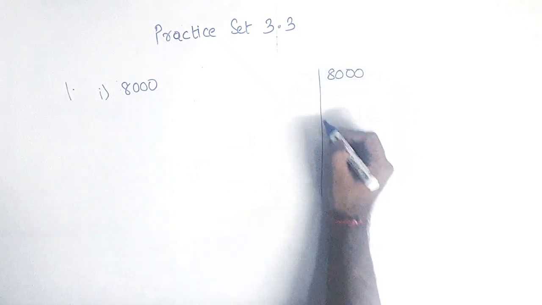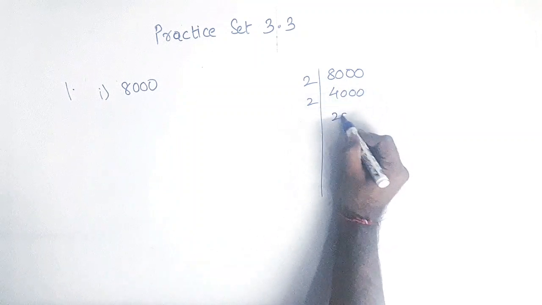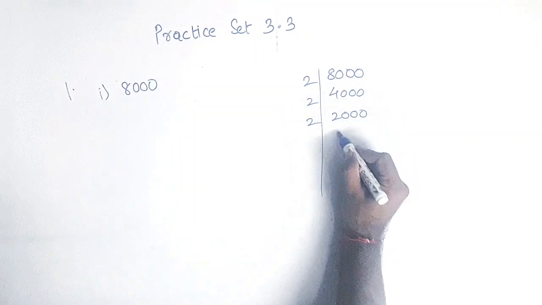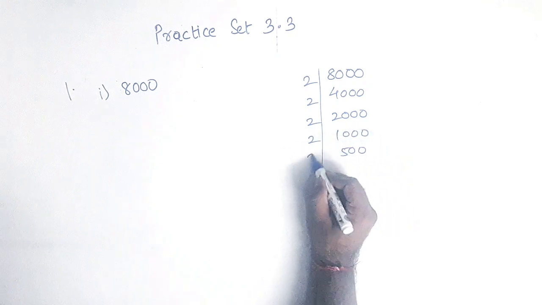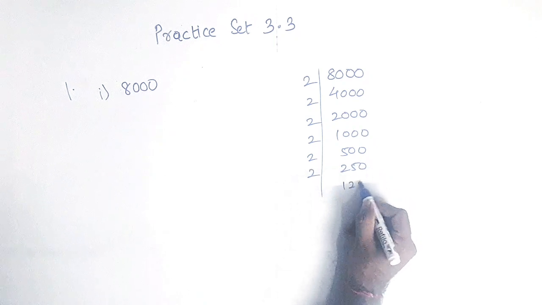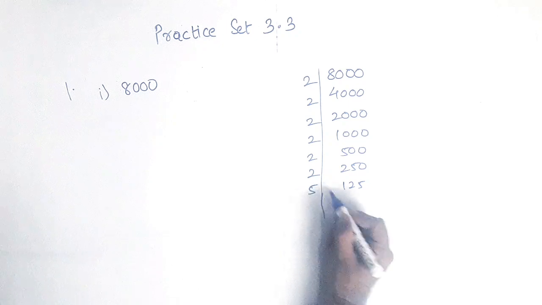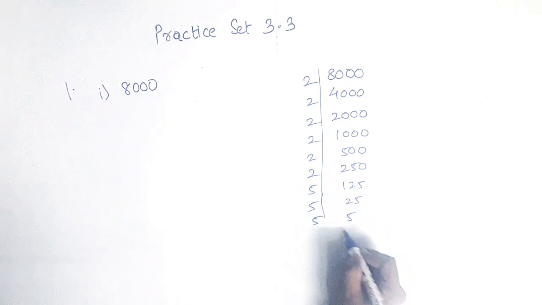I'll use this method: 2, 4000; 2, 2000; 2, 1000; 2, 500; 2, 250; 2, 125; 5, 25; 5, 5; and 5, 1.